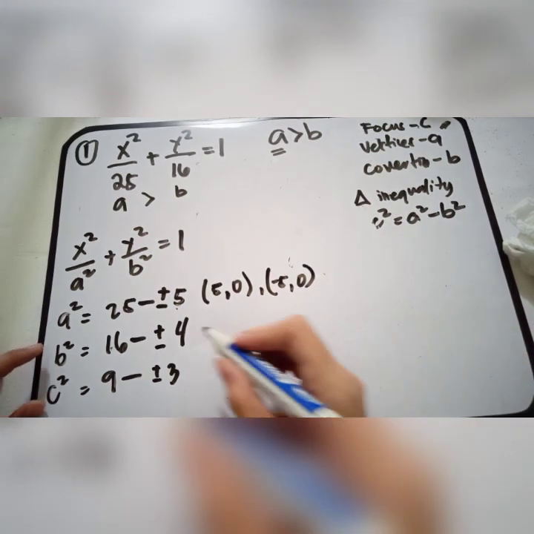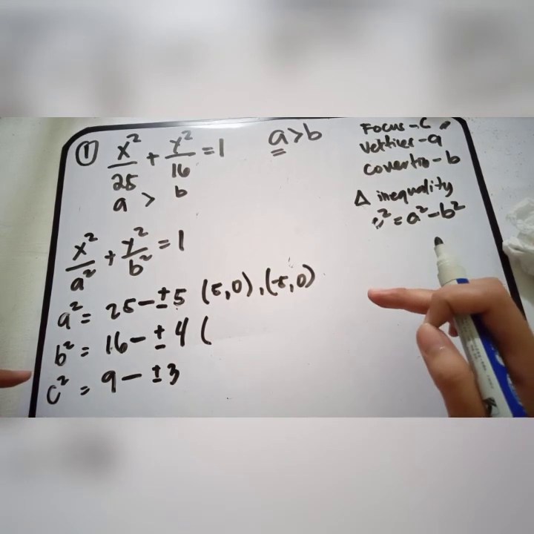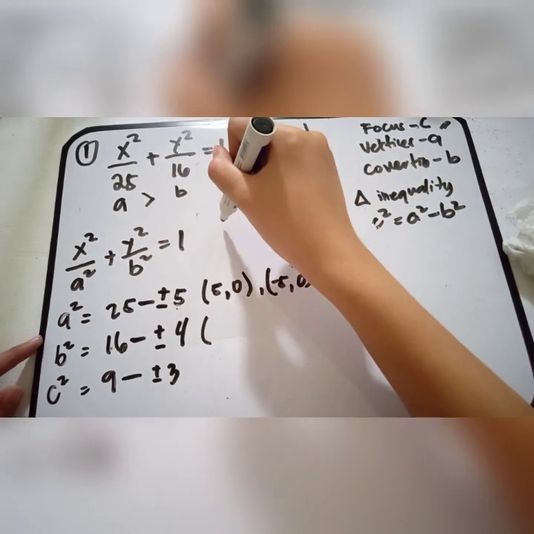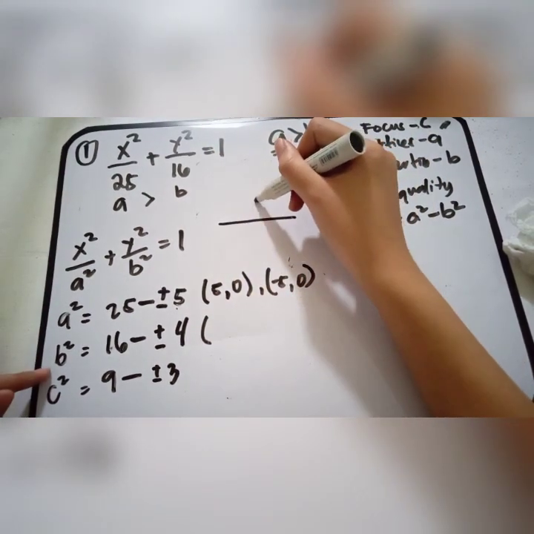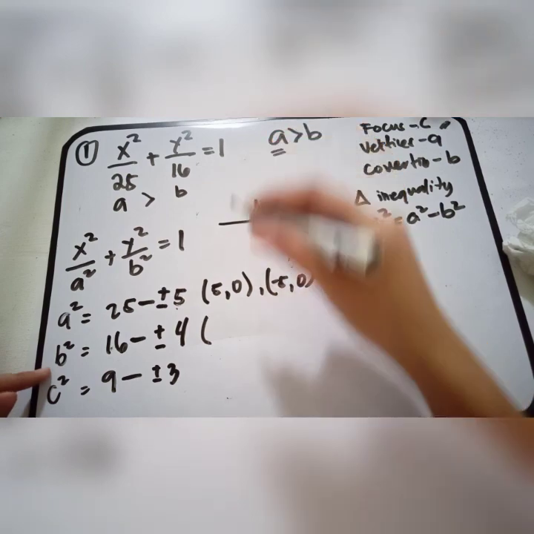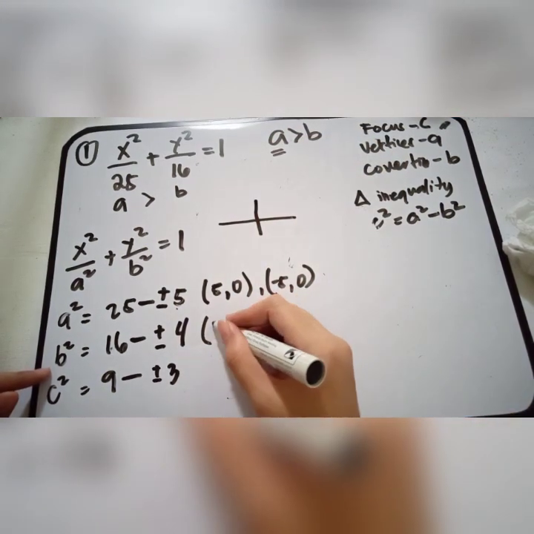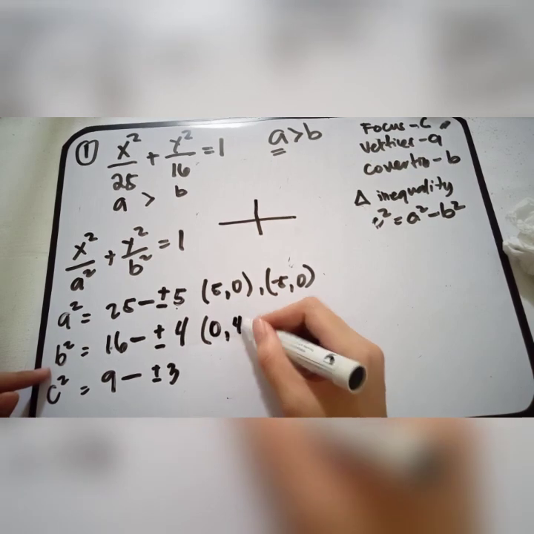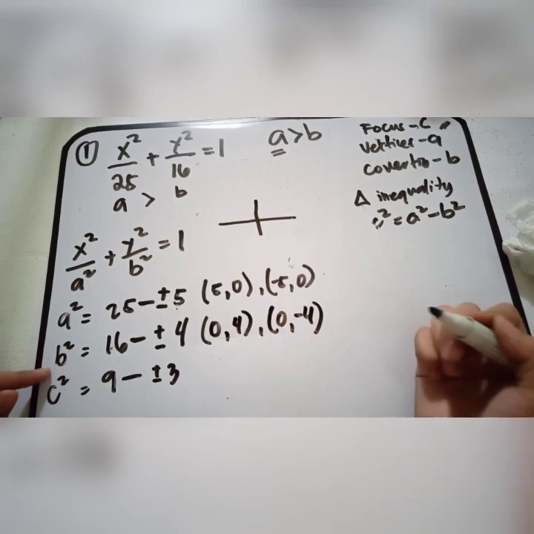Next, B. Our B is the minor, while our major is like this, so our B is on Y. The value of our 4 is on K. So 0, 4, and 0, negative 4.